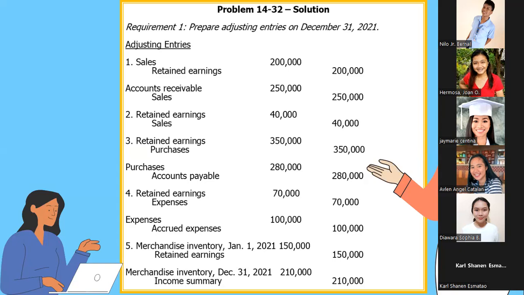For December 31, 2021, we have unrecorded accounts receivable of 250,000. So we need to adjust by debiting accounts receivable 250,000 and crediting sales of 250,000. Previous slide, please.